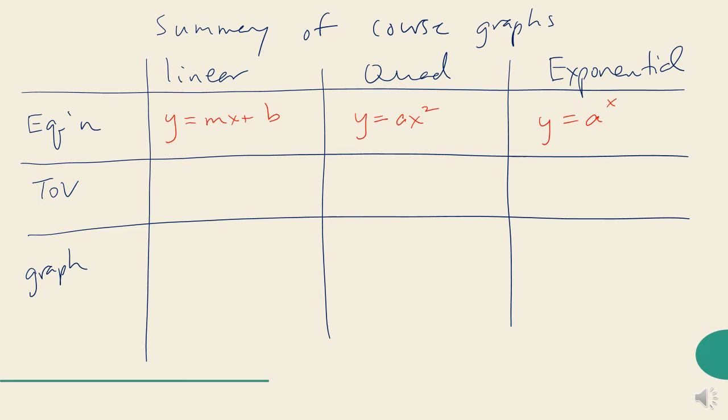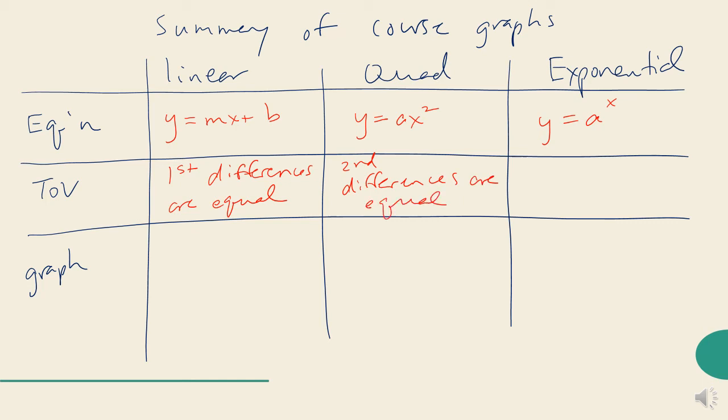From a table of values, if it's linear, first differences are equal. If it's quadratic, second differences are equal.